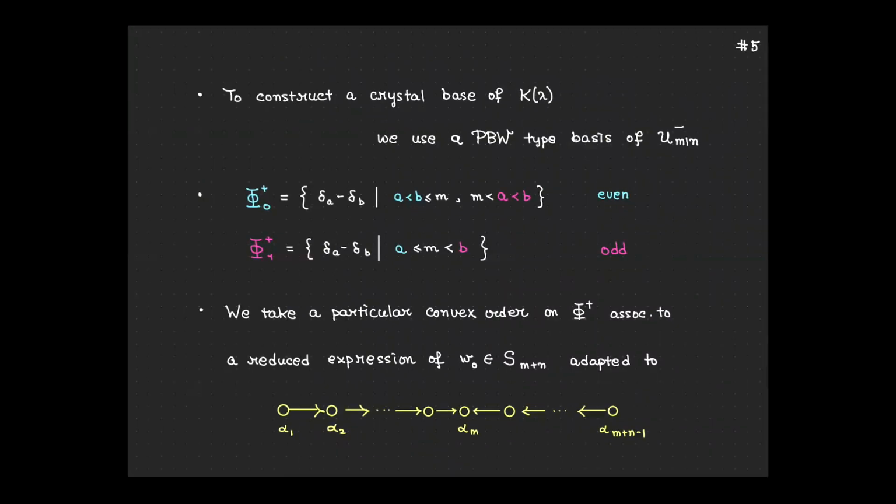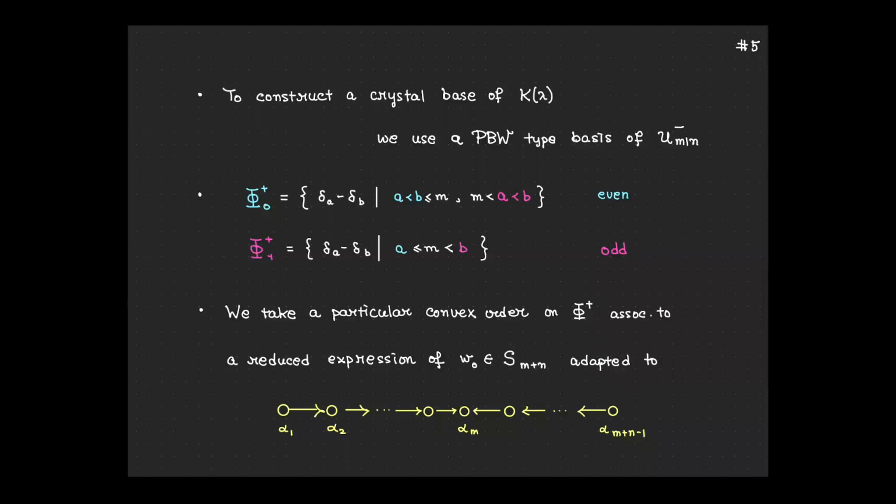To construct a crystal base of this K of lambda, we use a PBW type basis for the negative part of this quantum group. Yesterday we have seen that the root system for GL(m|n) in the super case is exactly the same as that of GL(m+n), but there is a parity of the roots.